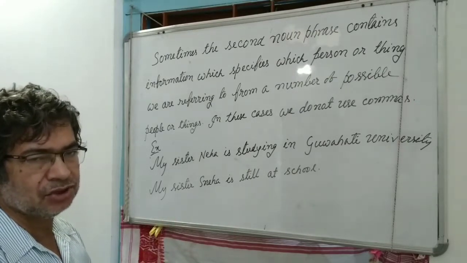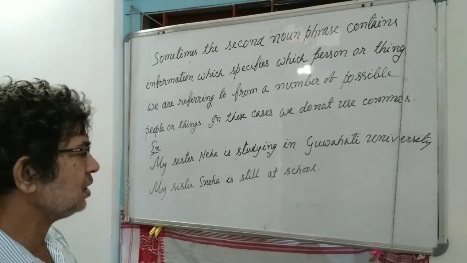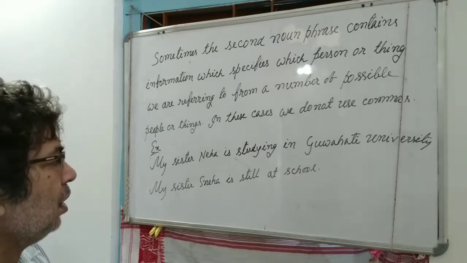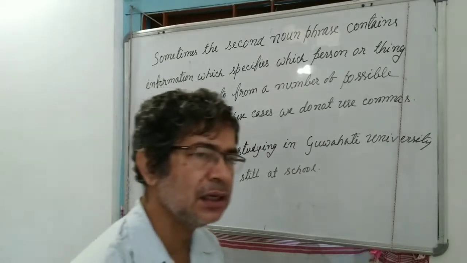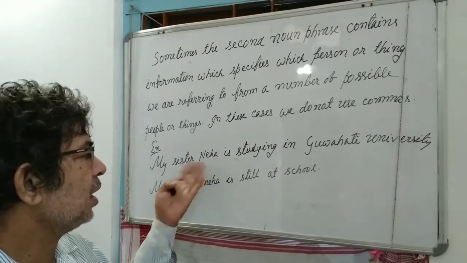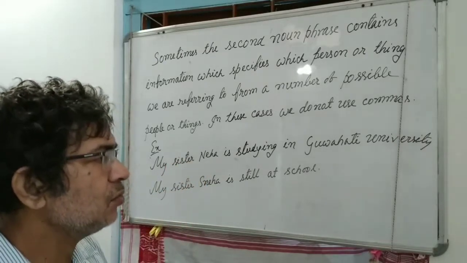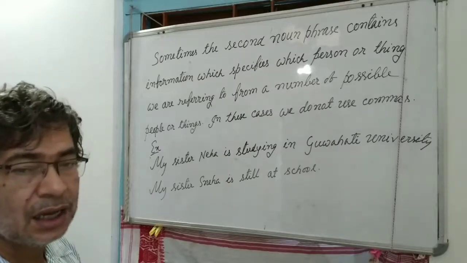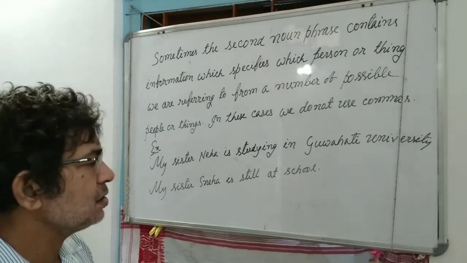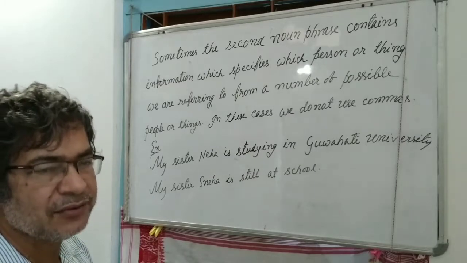Say a man has two sisters. One is Neha, the other is Sneha. The eldest sister, you can say, Neha is studying in Guwahati University, while his other sister, the younger sister, is still at school level.